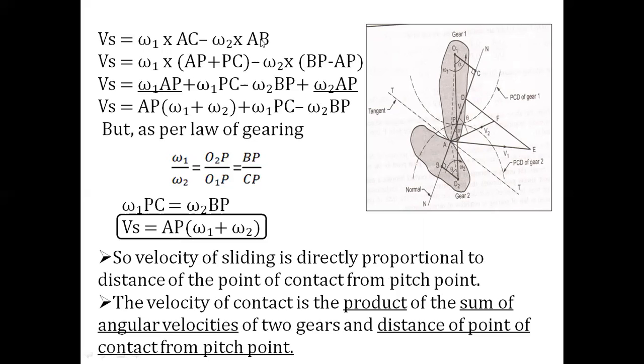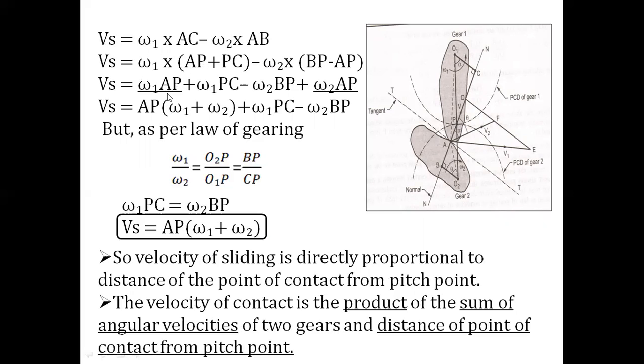And what is AB? AB is equal to BP minus AP. So the multiplication of omega 1 into the first bracket, and next omega 2 into the second bracket.